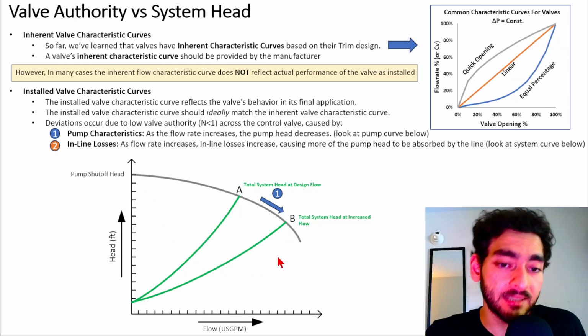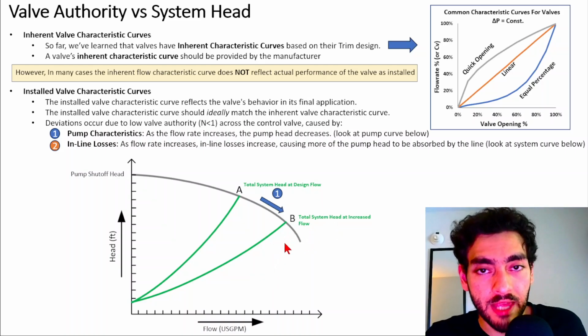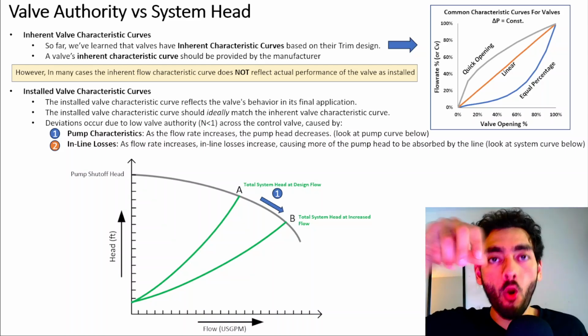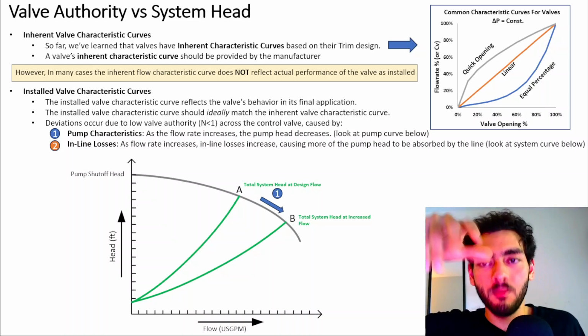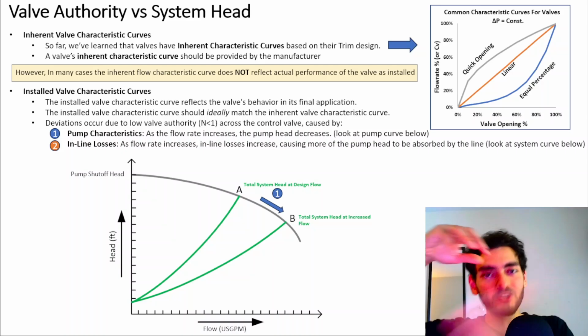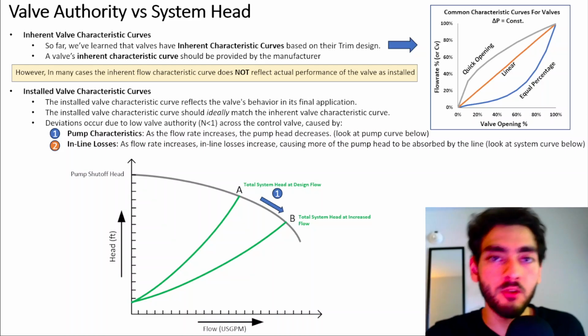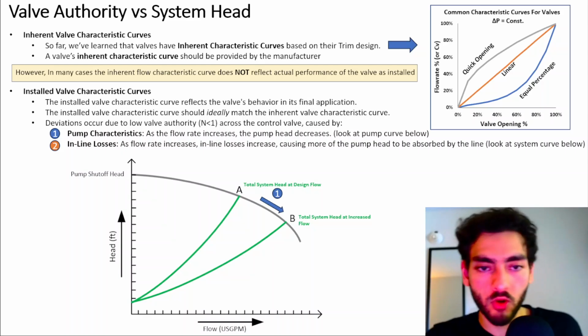In fact, the pressure drop in the control valve has reduced, because if we open the control valve more, we have less restriction across it, which means a smaller pressure drop across that control valve.